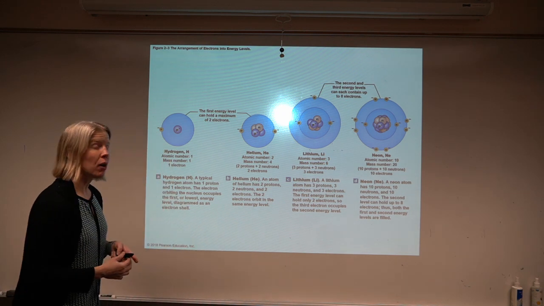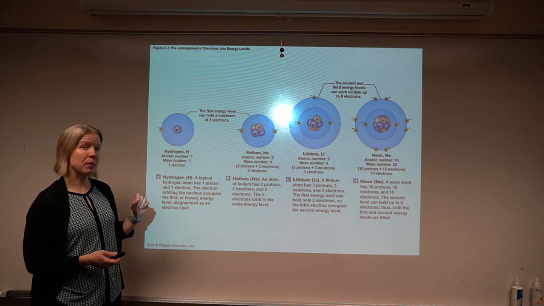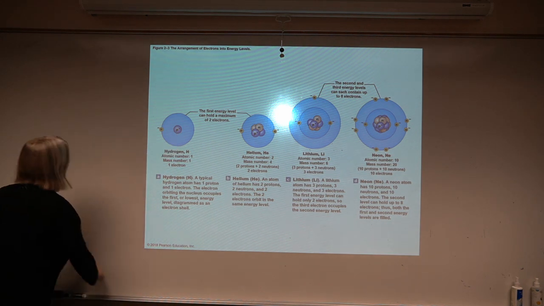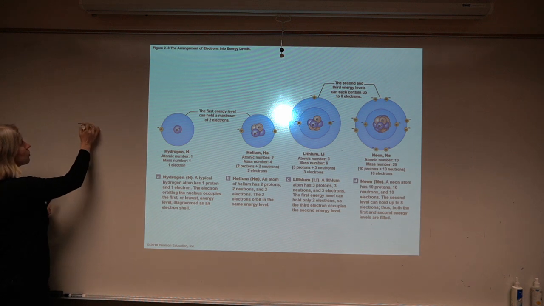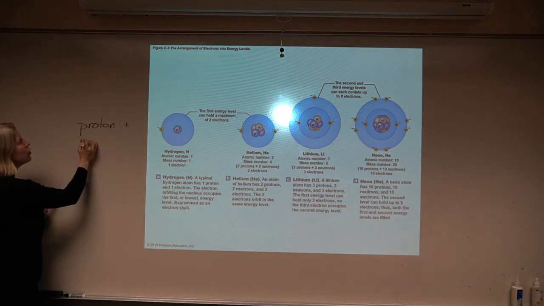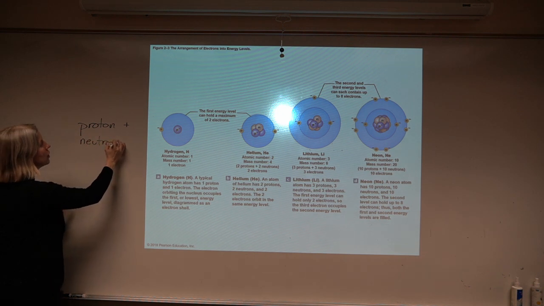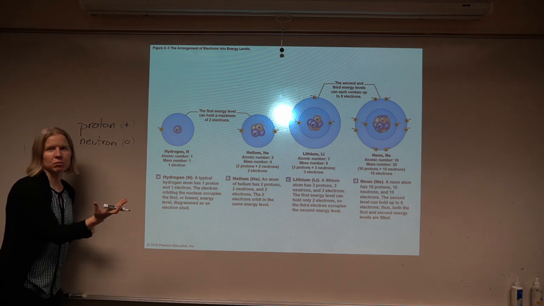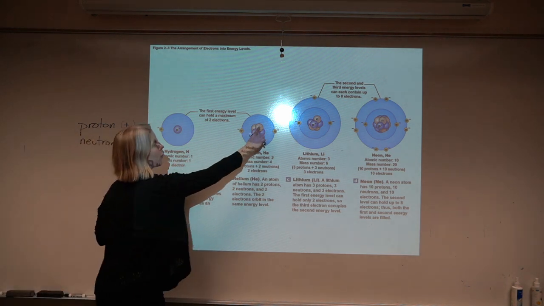Now they're made up of some subatomic particles: protons, which have a positive charge, and neutrons, which have a neutral charge. I'll just put that as a 0. So there's our neutron.